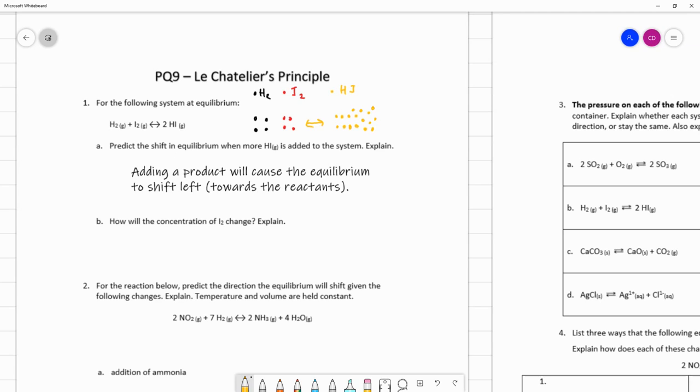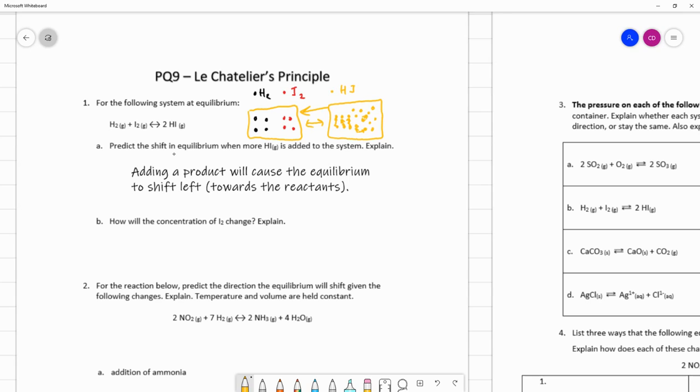Okay, now you can see there are just more, and this is going to be a gas, so it's going to be in a container, and this is also in a container. This is all happening in a container. These molecules are all mixed together. I've separated them for the sake of example. Now there are going to be more collisions between product or HI molecules. And what that will do is it will increase the rate of the reaction that goes back to I2 and H2.